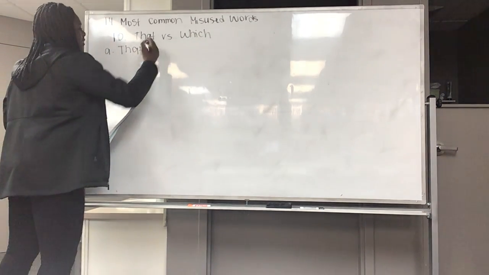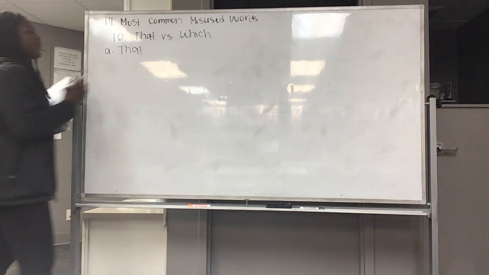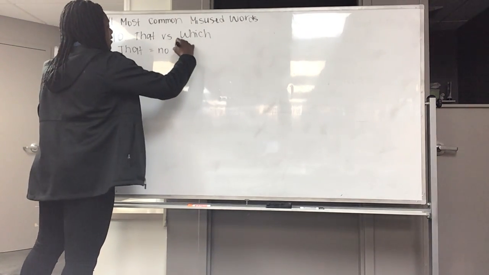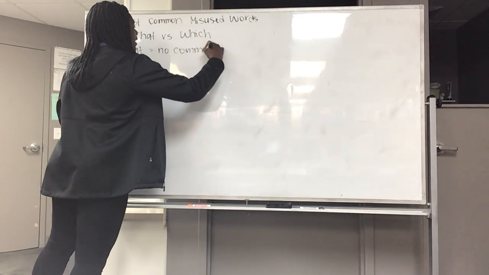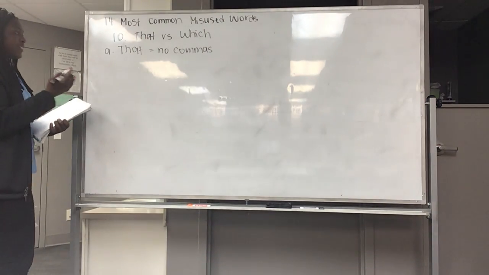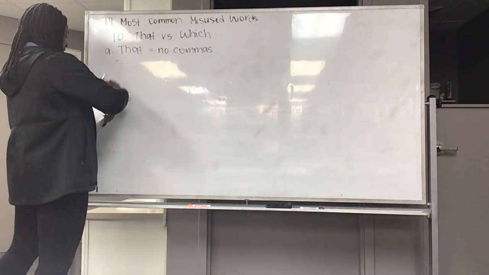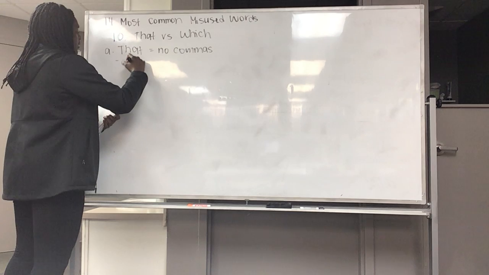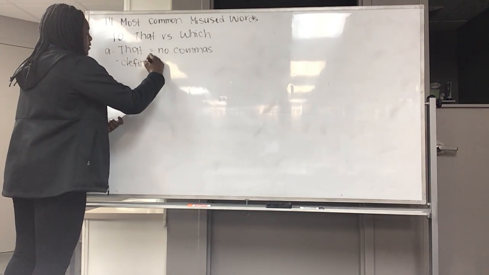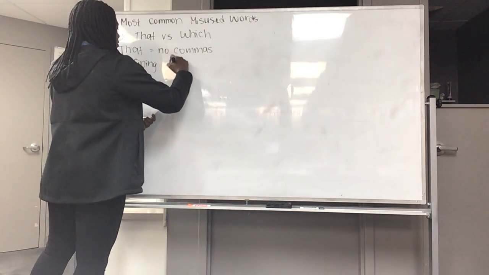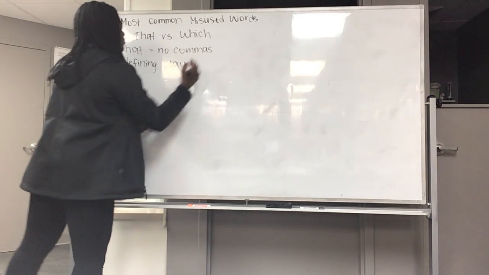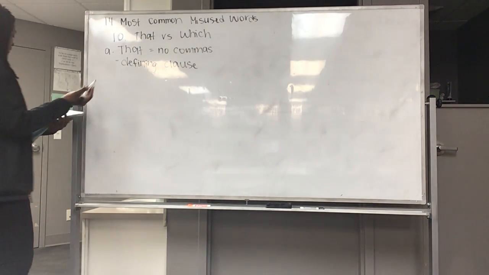So if you see the word that, it should usually have no commas paired along with it. That's because after that usually comes a defining clause. So I'll show you my example.